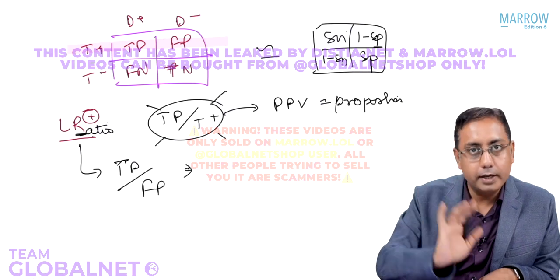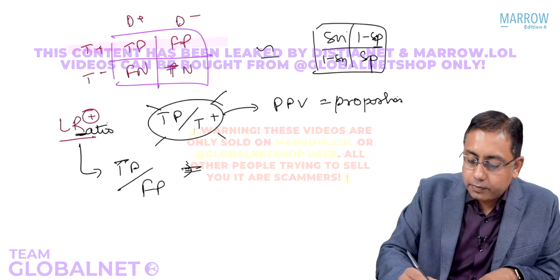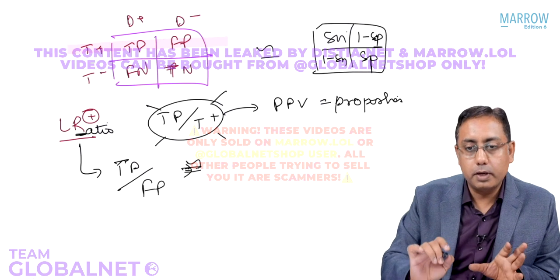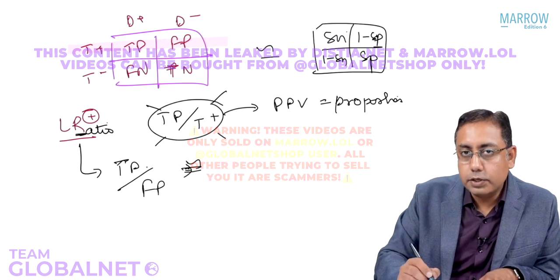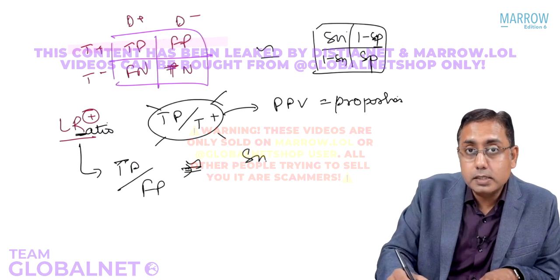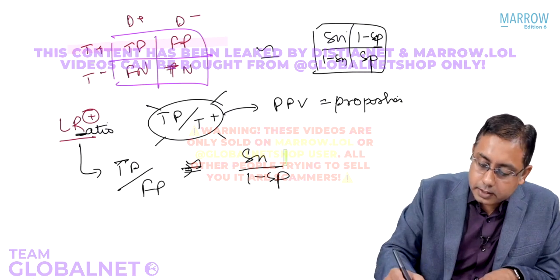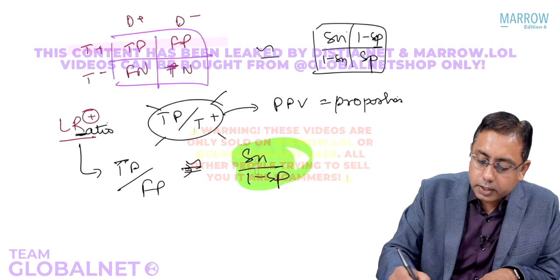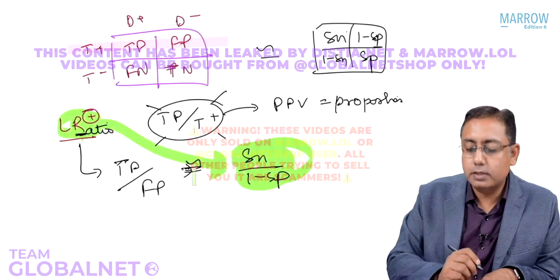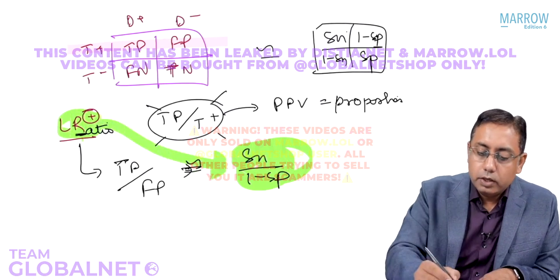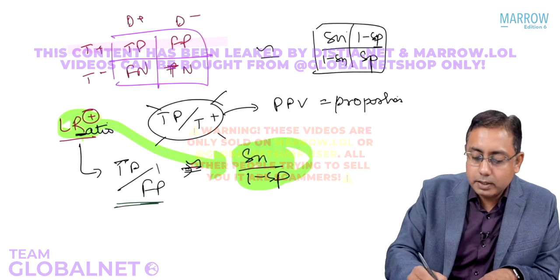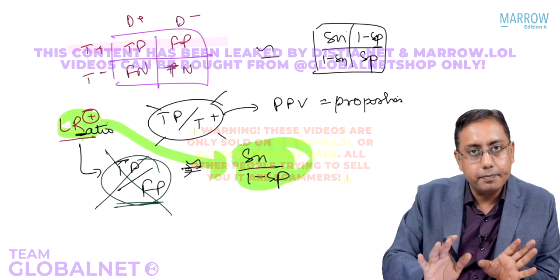So using this correlation, can I say that the likelihood ratio for a positive test can be written as sensitivity divided by 1 minus specificity? Am I correct? Technically, this is the formula for likelihood ratio positive. Please remember that this is the formula for likelihood ratio positive. Do not mark it as TP by FP.